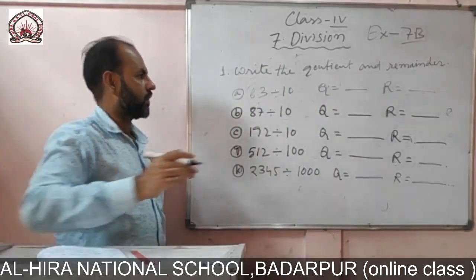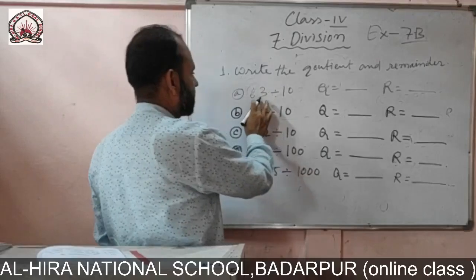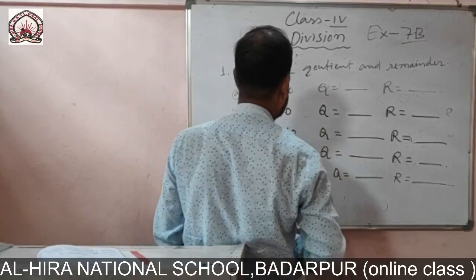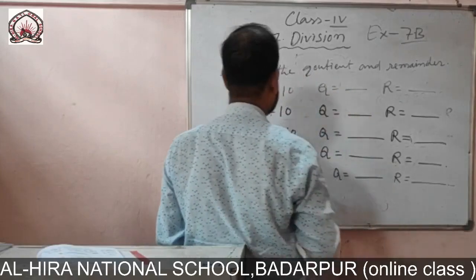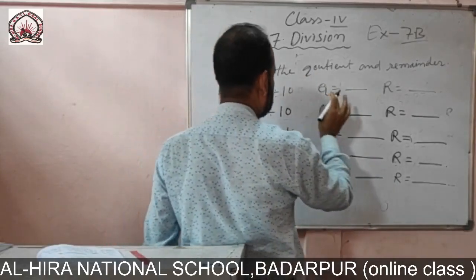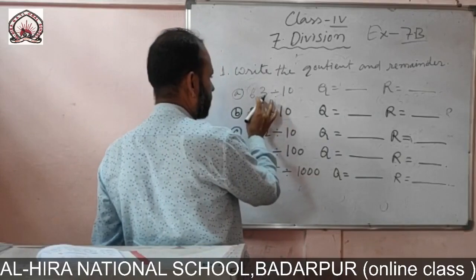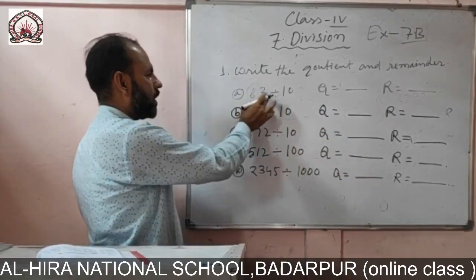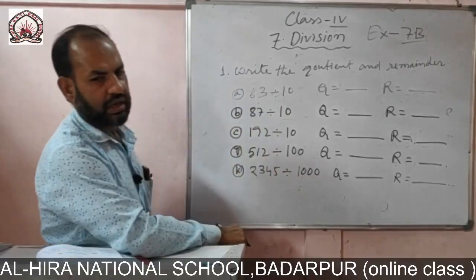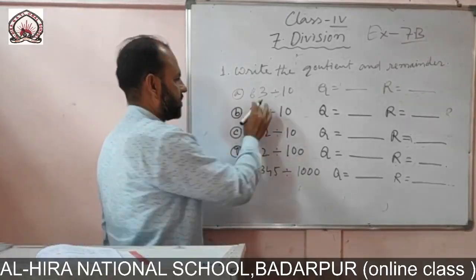Now we solve this. Here 63 divided by 10. So we take out quotient and remainder. We know it is 10. So in 63, how many times does 10 go?